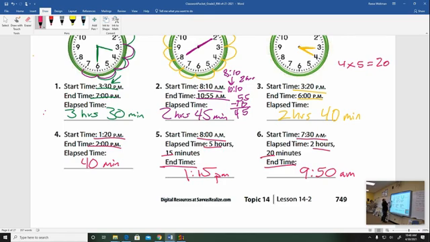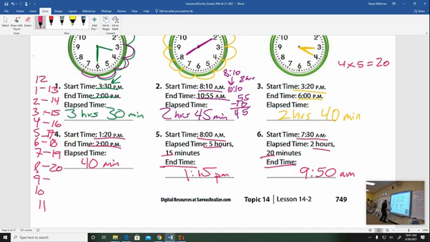We have 12, and we have 1, 2, 3, 4, 5, 6, 7, 8, 9, 10, and 11. And then we go back to 12, right? Well, in military time, you would then go to, that's a 17.